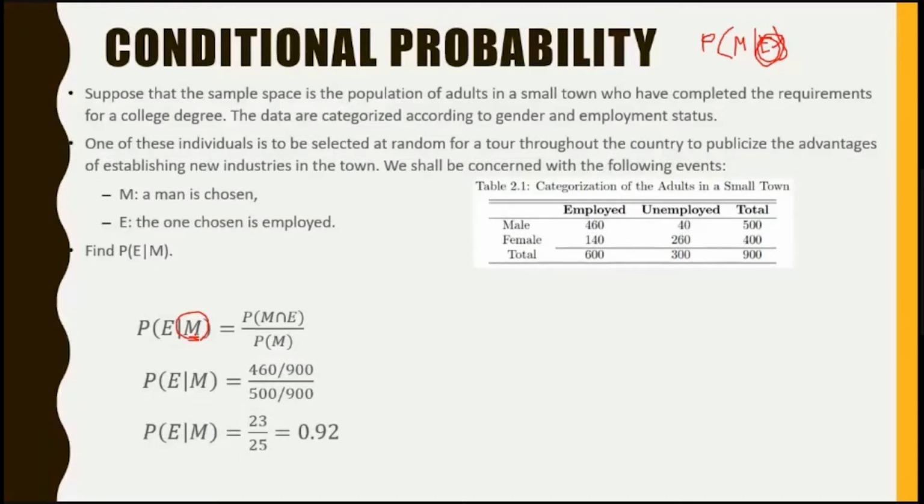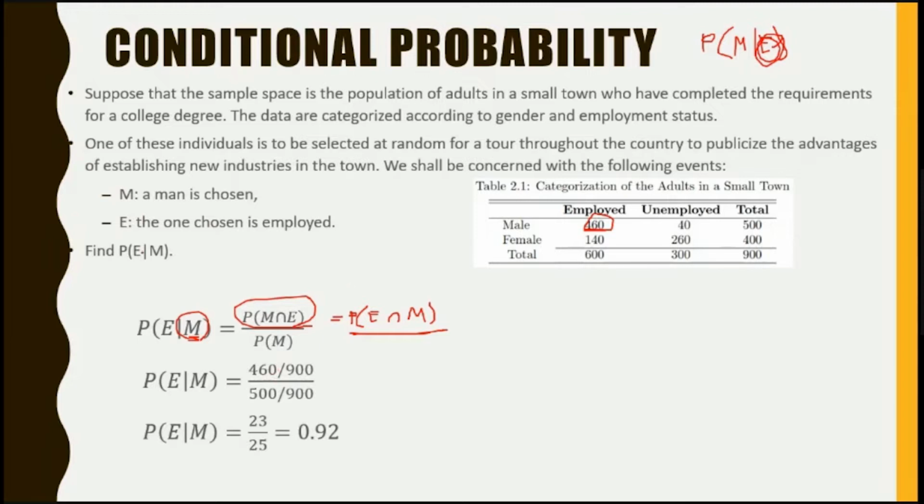Then, taking a look at the intersection of the two, they will be just equal. A man that is employed and an employed man is just the same. So we will use 400 and divide it by 900 to get the probability of this. This is 400 over 900, divided by the probability of all males, of all men.